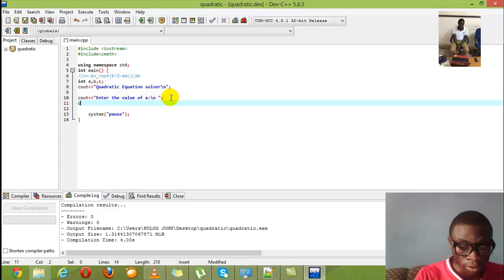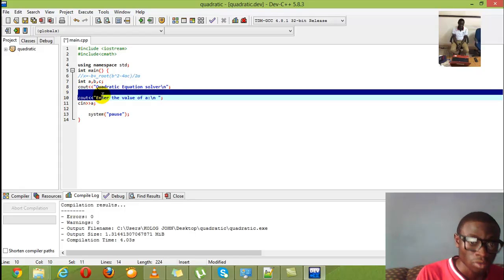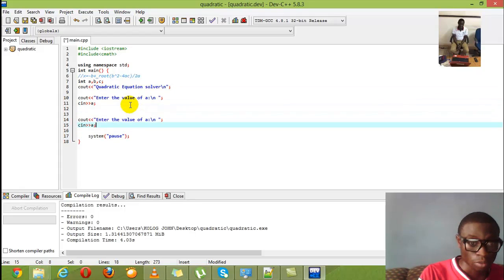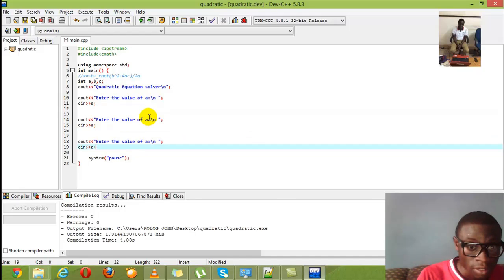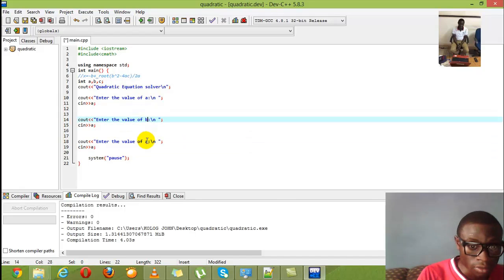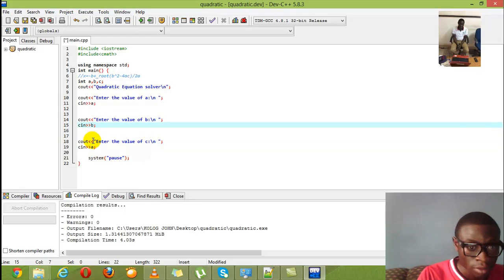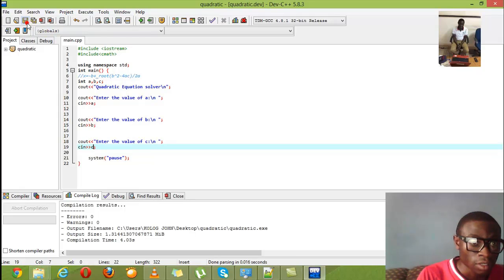Then we go down, cin the value of a, the variable declared on top. So you can just copy here and paste this, enter the value of b, enter the value of c, then we have b, we have c. Click on save. Let's run the project and see what happens.